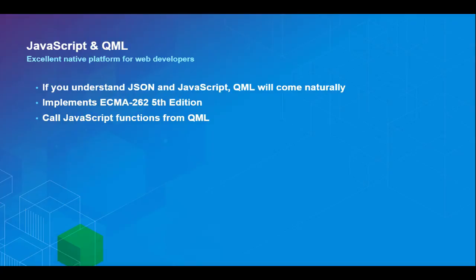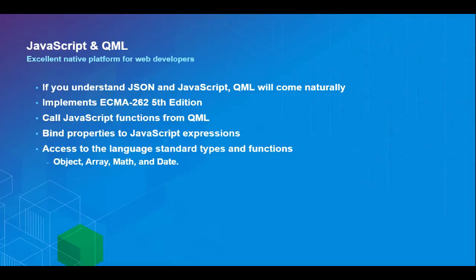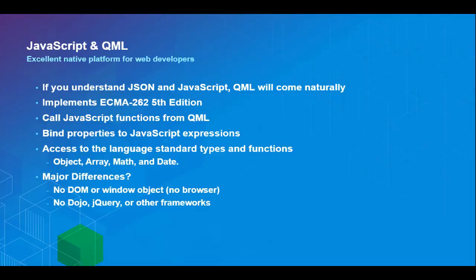You can call JavaScript functions from QML. You can even import JS files to be able to call functions that you've imported from your JS files. And then, like I showed before, you can bind properties to JavaScript expressions. Here we go: Object, Array, Math, and Date. So you can get access to these standard types.